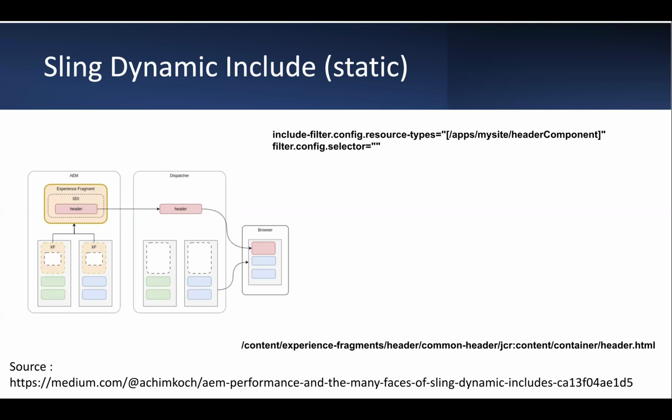The dispatcher will then access this path, and this path will be cached separately. So whenever you publish the header in the experience fragment, it creates a cache separately, as you can see in the diagram as well. And now it is getting injected by the dispatcher while the page loads, so you keep your cache for the header and footer separately and hence are able to manage the performance.